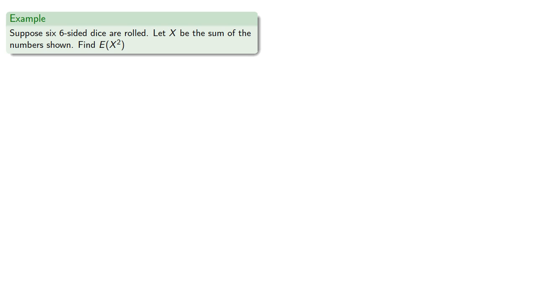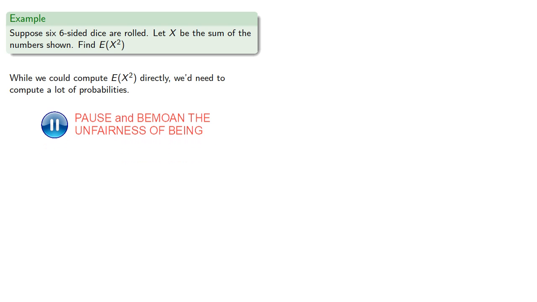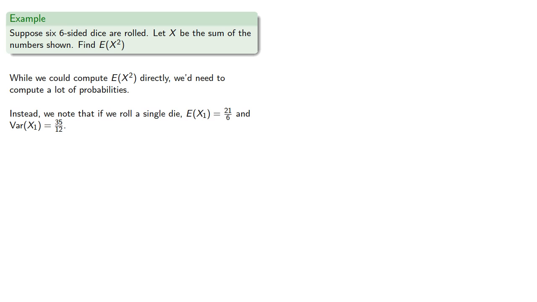So suppose we roll 6 6-sided dice and let x be the sum. Let's find the expected value of the square. Well, we could compute the expected value of x squared directly, but we'd need to compute a lot of probabilities. Instead, we note that if we roll a single die, the expected value is 21/6 and the variance is 35/12.